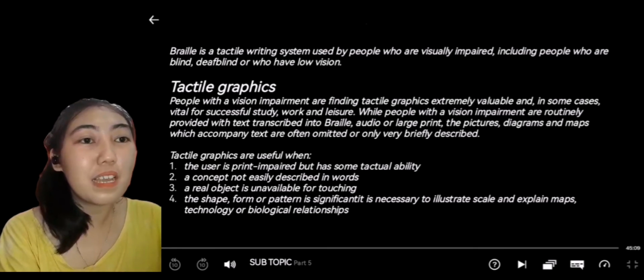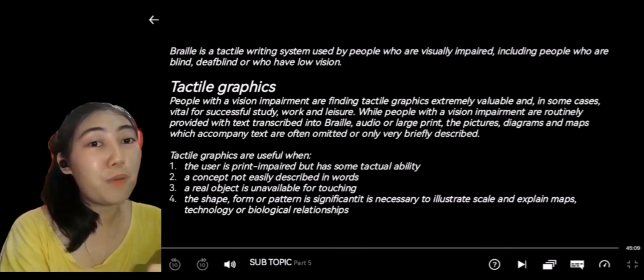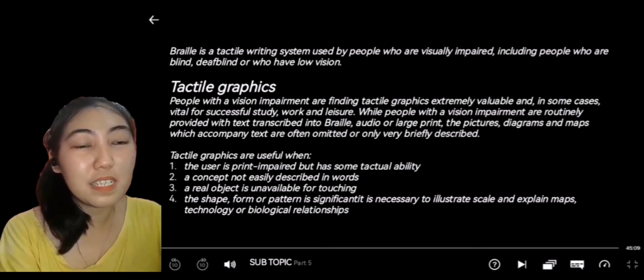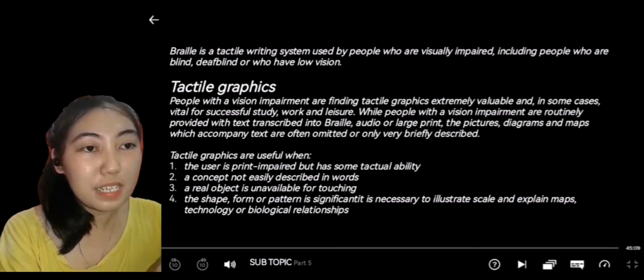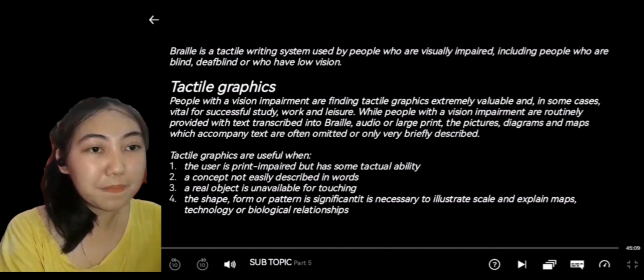Third, a real object is unavailable for touching, so a substitute is used, of course, since it is really easy to acquire. Fourth, the shape, form, or pattern is significant. Fifth, it is necessary to illustrate scale and explain maps, technology, or biological relationships.